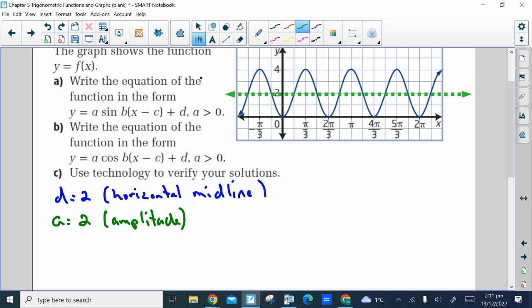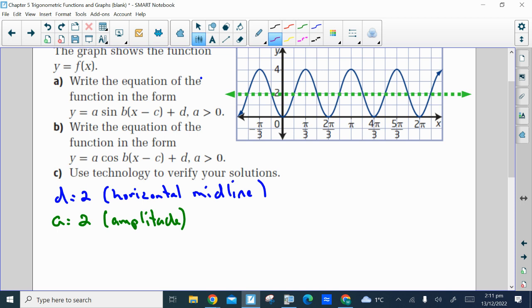B controls the horizontal stretch. And to figure out what B is, we need to know what our period is. So we can count that on the graph. Remember, the period is how long it takes to go through one cycle. So you can take any point on the graph and see how long it takes to get to that same point. It can be from a maximum to a maximum, a minimum to a minimum, or horizontal midline going upwards to the horizontal midline going upwards, it doesn't matter.